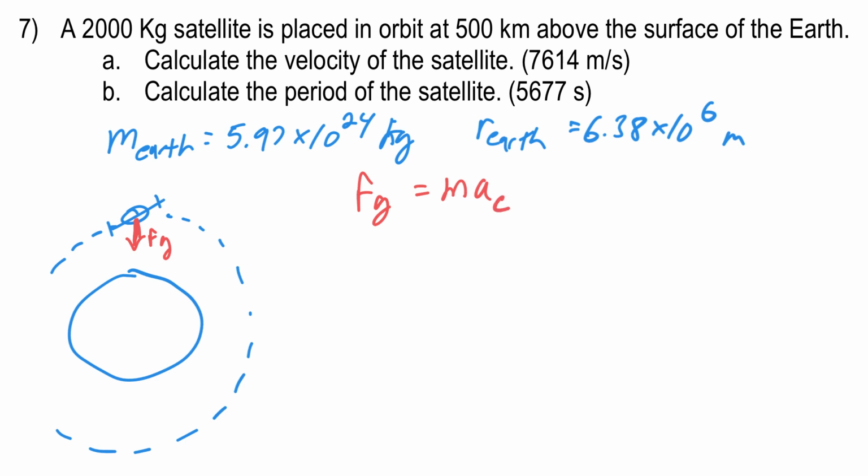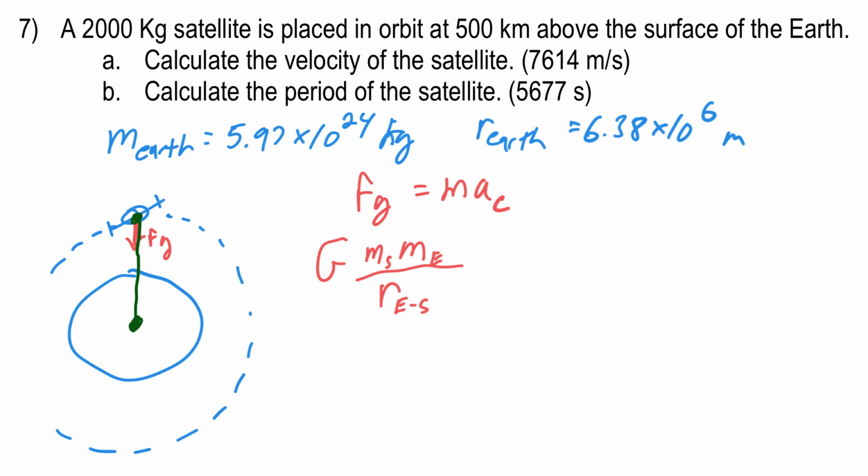So the force of gravity here is going to be basically the two masses, the mass of the satellite, the mass of the Earth, times big G, divided by the distance between them squared. So this is going to be our Earth to satellite. Now it's not the surface of Earth. You can see the circle here, right? It's the distance between the center of Earth to the center of the satellite.